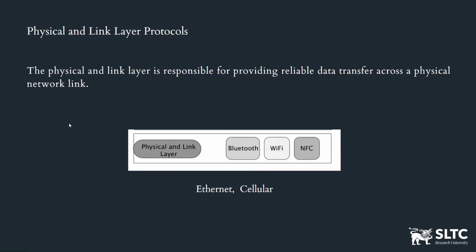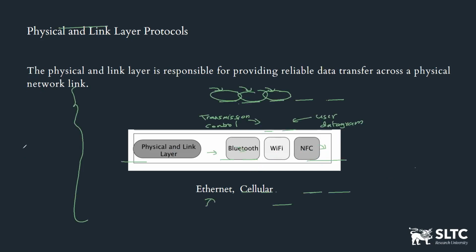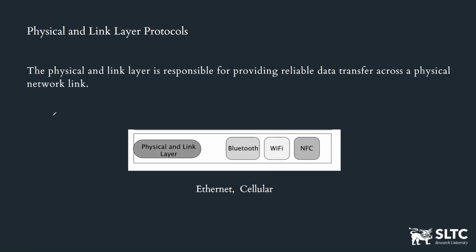So when we are doing IoT communications, we need to first establish the communication between the sensor-based embedded system and our access point.